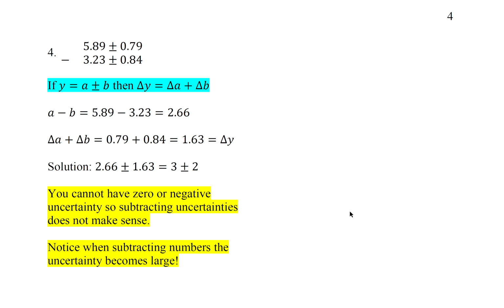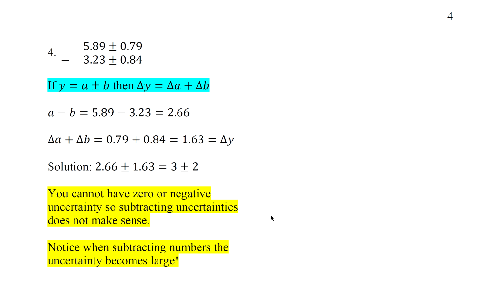Question 4, we are subtracting uncertainties, but notice we're using the same equation. So we're going to subtract 5.89 minus 3.23, and then we're going to add the uncertainties. So our solution is going to be 3 plus or minus 2. You could see it says here you cannot have 0 or negative uncertainty.